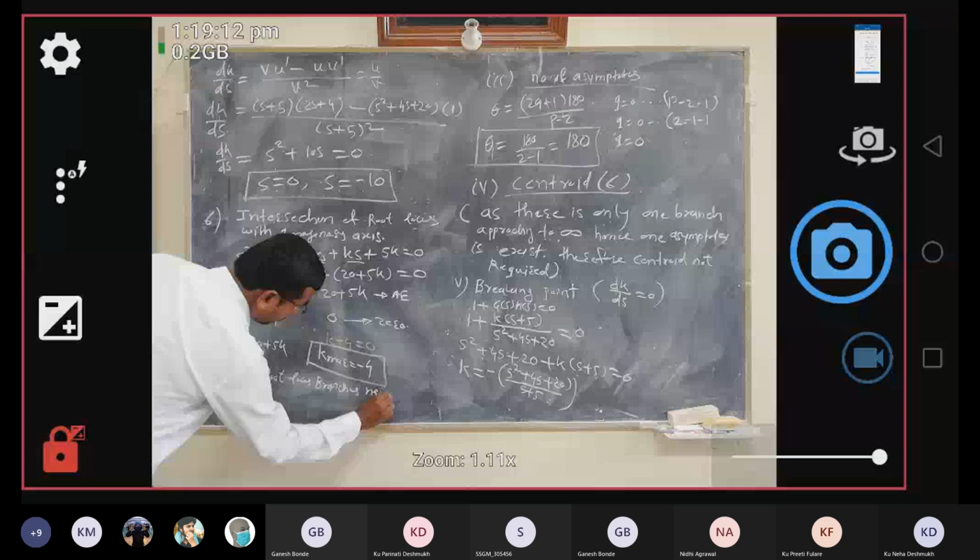Okay, so therefore there is no need to calculate the intersection with the imaginary axis. In whichever case you get k marginal negative, that means our root locus branches never intersect the imaginary axis.